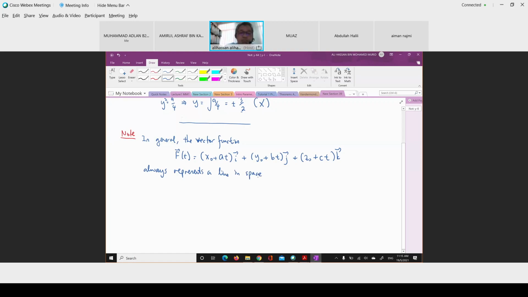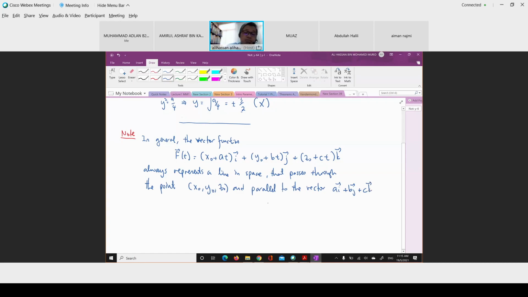It represents a line in space that passes through the point x naught, y naught, z naught, and is parallel to the vector ai plus bj plus ck.